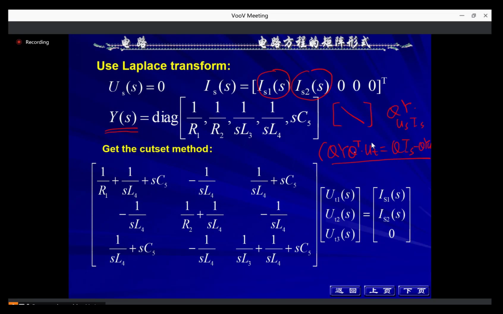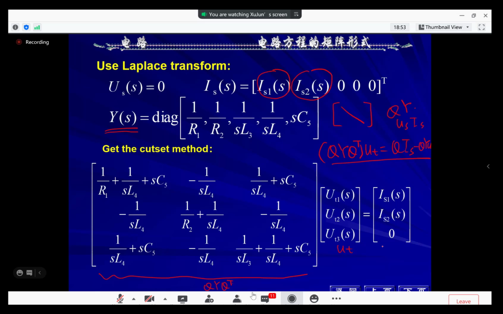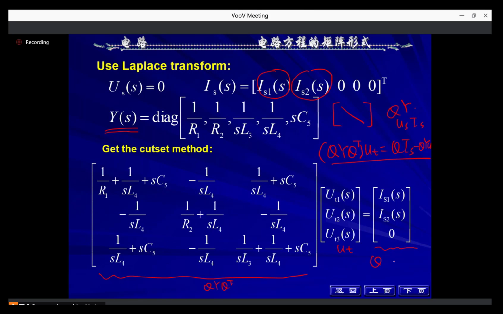And then calculate this part. This is calculated from the QYQ transpose. This UT. This part is QIS minus QYUS. So this is the cut-set method.